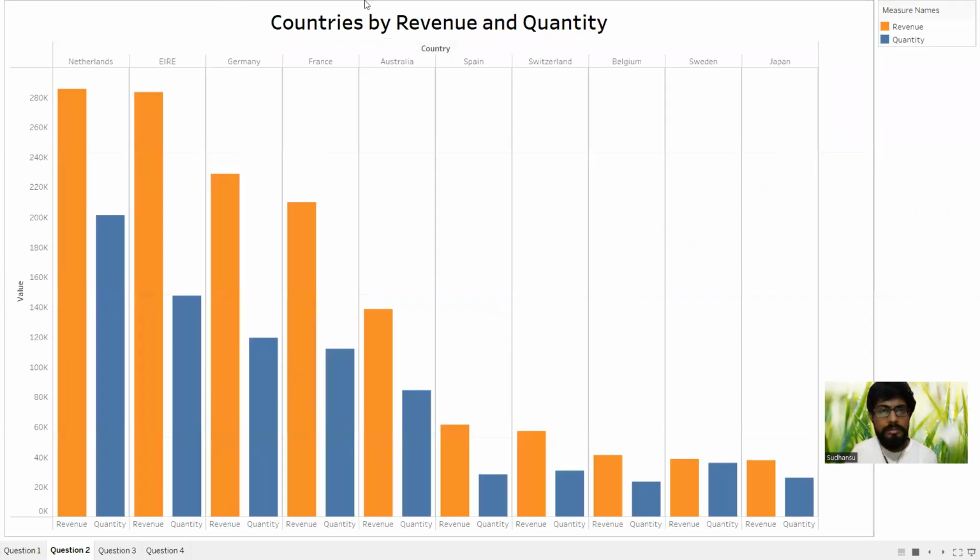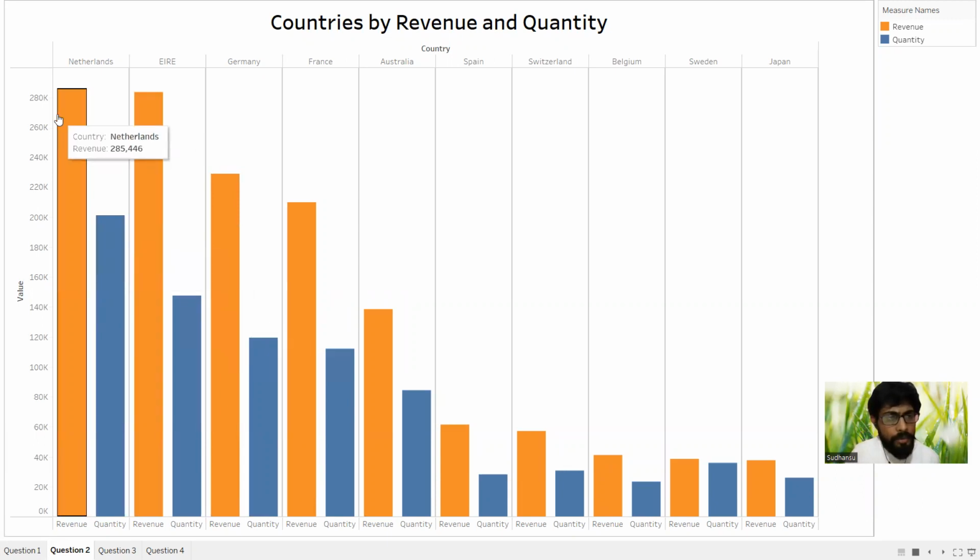Then we look at the revenues and quantities of items sold by countries. Here we have excluded the highest revenue country, that is UK, as we know that our retail company is very successful in UK, and the highest revenue occurs in UK only.